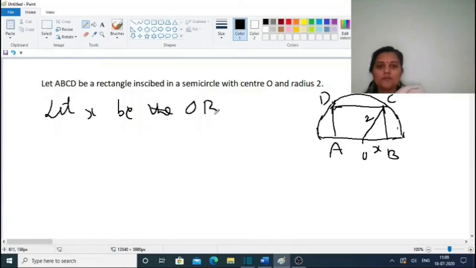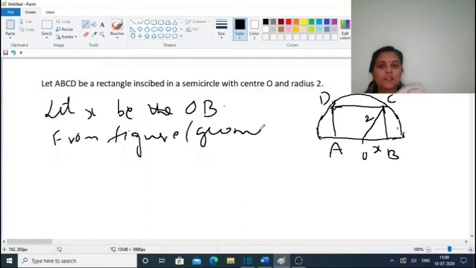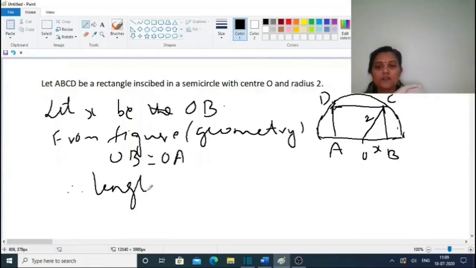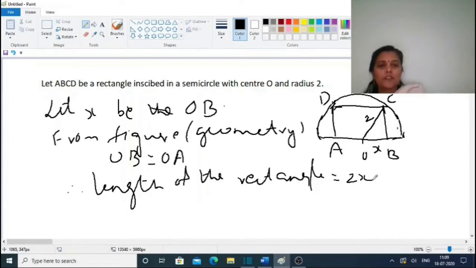From figure, OB is equal to OA. Therefore, length of the rectangle is equal to 2x.